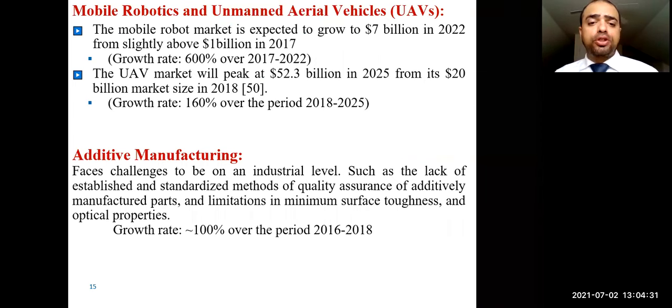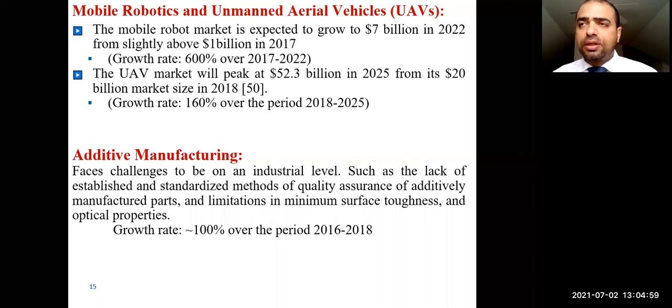And there's the additive manufacturing. Additive manufacturing particularly saw a surge in demand after the COVID-19 crisis. Let's talk about the challenges that additive manufacturing faces. The main challenge is the lack of established and standardized methods for quality assurance for 3D printed parts.